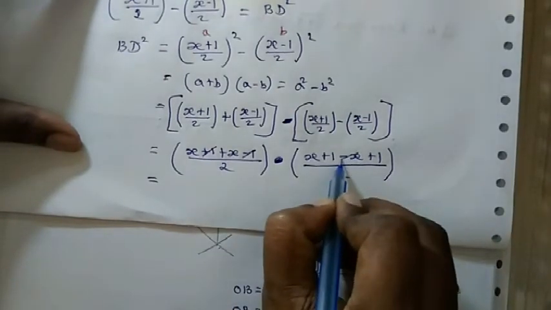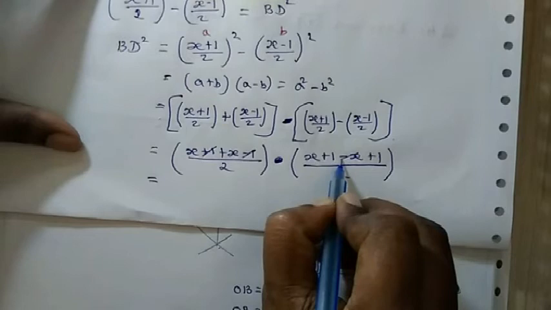Here minus x plus x will get cut. So what do we have now? We have 2x upon 2, and here we have 2 upon 2. So the 2 gets cancelled.